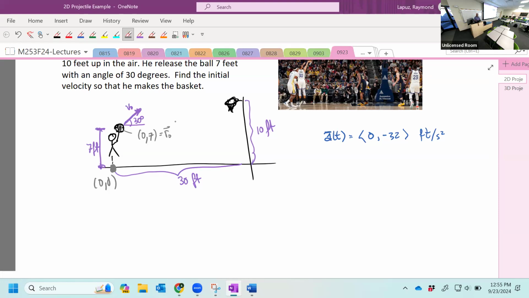It's also good to know where this basket is, and this is going to be at the point 30, 10. The 32 came from gravity, whatever system that is.